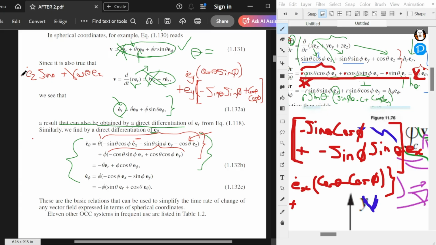But all this needs to be negative because for some reason over here there's a negative sign. I can't remember why. Okay, let's see how this relates to what they got over here. Let me erase this in case there's a secret dot. There's no secret dot.